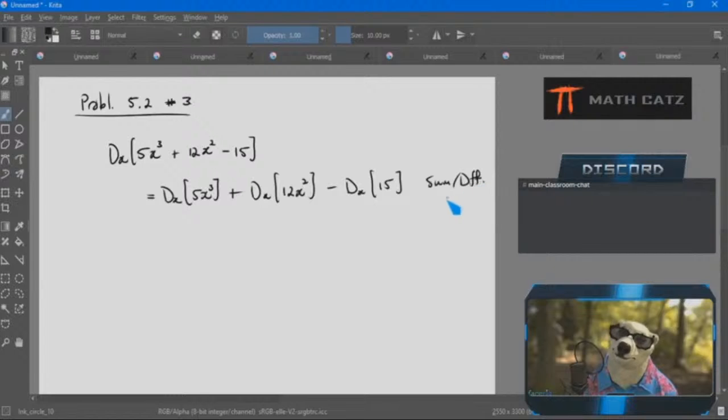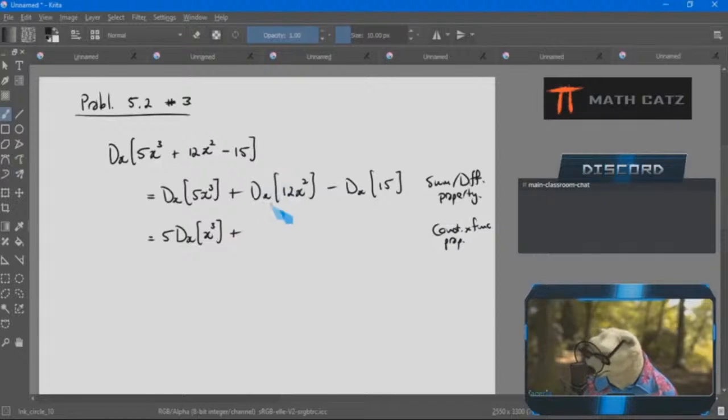What I've used is the sum difference property, right? Sometimes a sum, sometimes a difference. That's okay. Now I look at each one and see, oh, there's a number in front of the essence of the function. For the first one, I can put the 5 in front, and that is the constant times a function property.